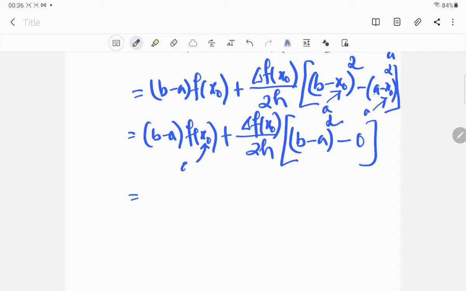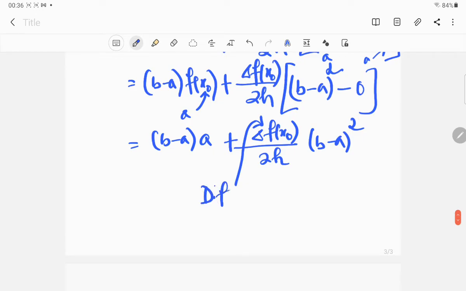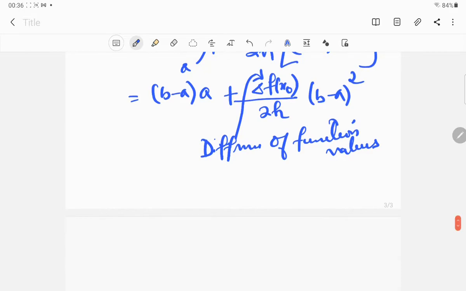This x0 is nothing but a, so (b minus a) into f(a) plus del f(x0) by twice h, and it is (b minus a) whole square. Now you need to be careful. Now this term del f(x0) is nothing but difference of function values, okay.